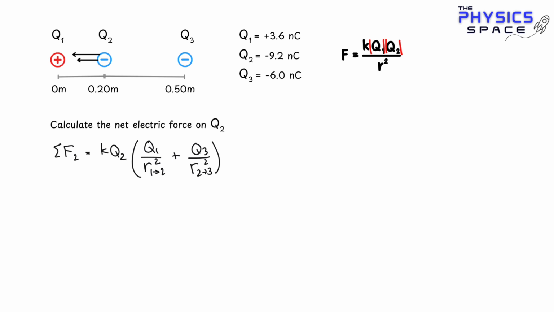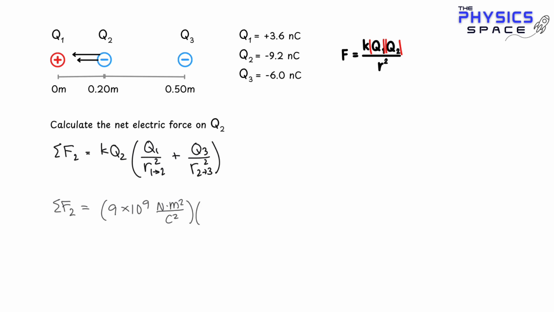All right, so let's get into plugging in some numbers here so that we can calculate our net force. So we have our net force for 2: 9 times 10 to the 9th newtons times meters squared per coulomb squared.